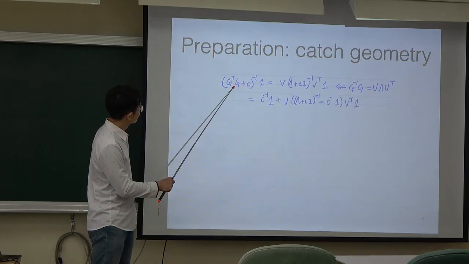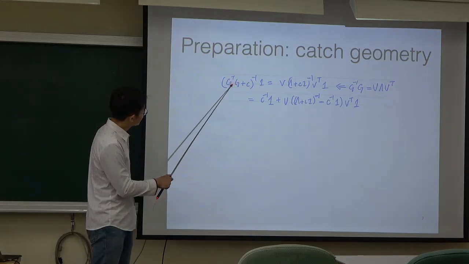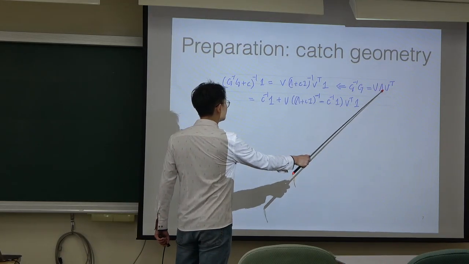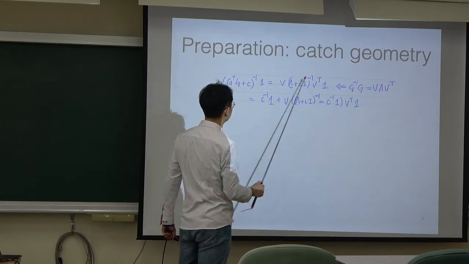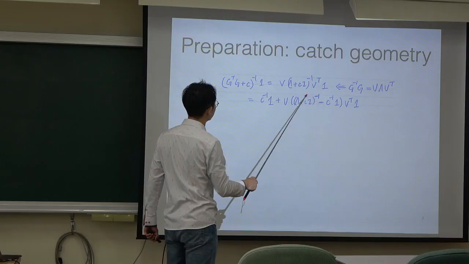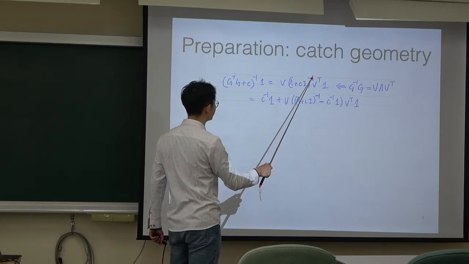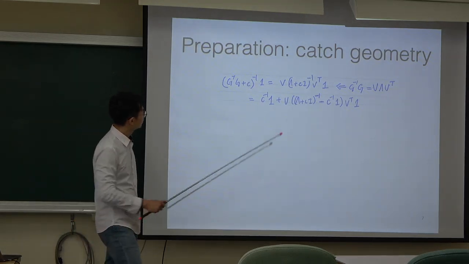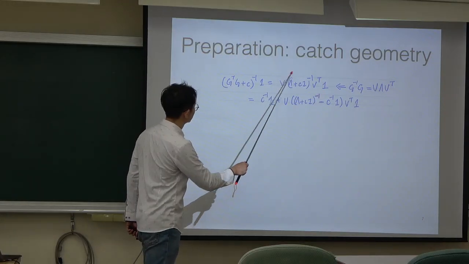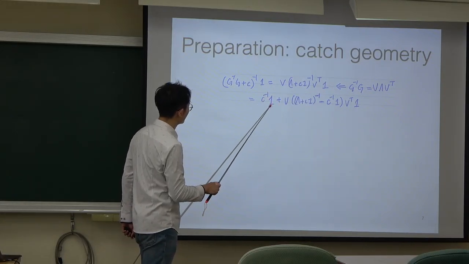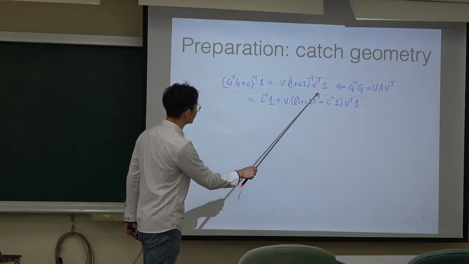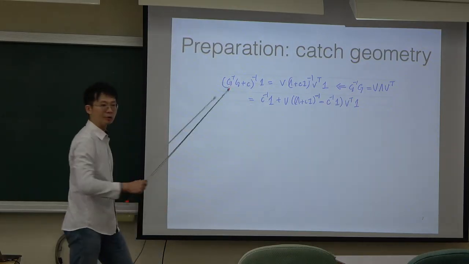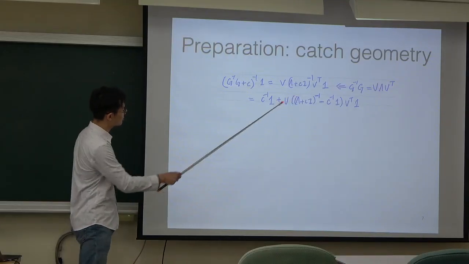So what you can do is you have G transpose G, and it has an eigenvalue decomposition, V lambda V transpose, and you just plug it in. And you have V (lambda plus CI) inverse V transpose 1. Okay? Now, you can just do the expansion and get C inverse 1 plus V ((lambda plus CI) inverse minus C inverse I) V transpose 1. That will be the expansion we will count on. Very simple expansion.